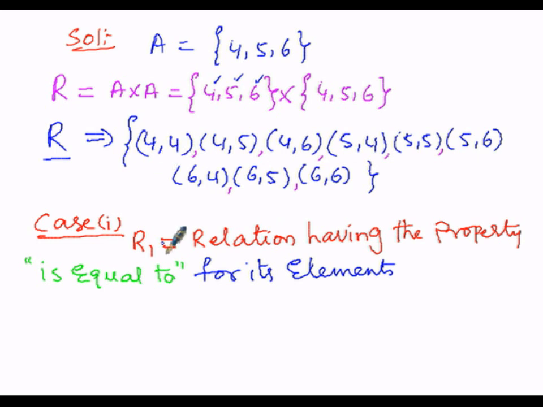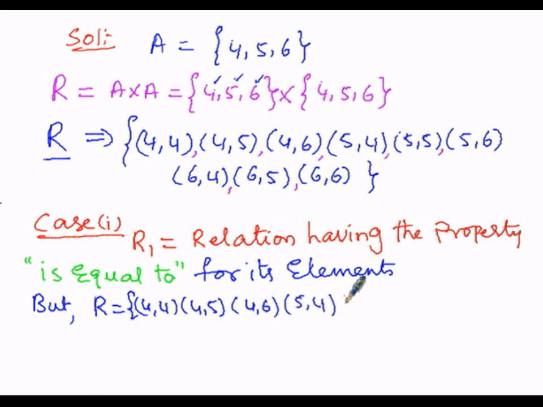So from this we have to choose the relation R1 in such a manner that the property x equals y is satisfied. As per the problem, R is given by (4, 4), (4, 5), (4, 6), (5, 4), (5, 5), (5, 6), and similarly (6, 4), (6, 5), and (6, 6).